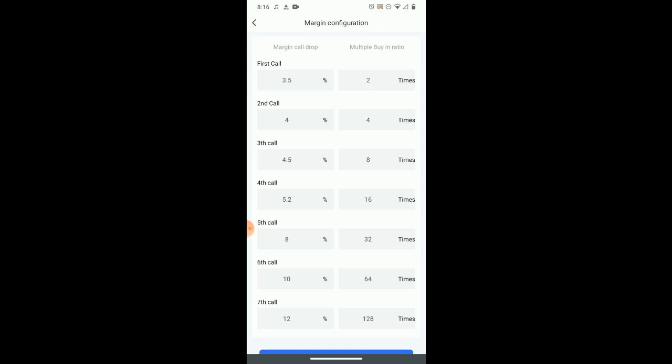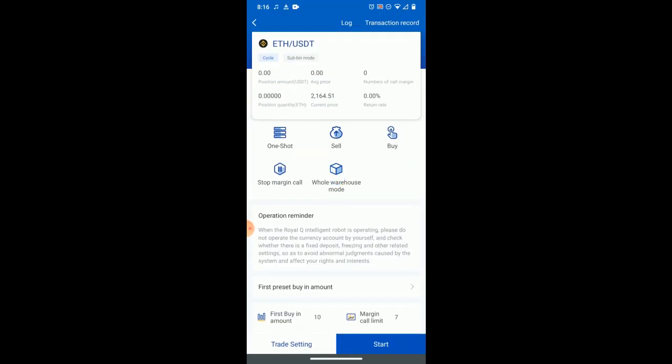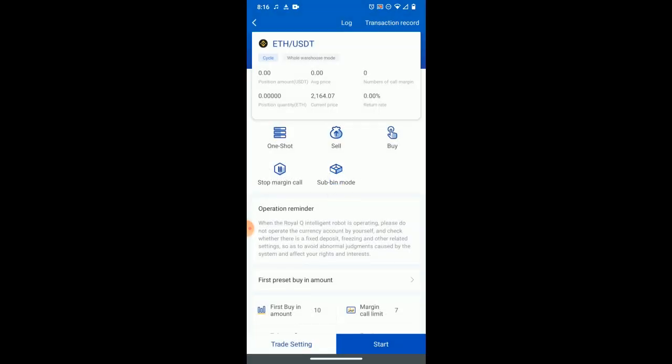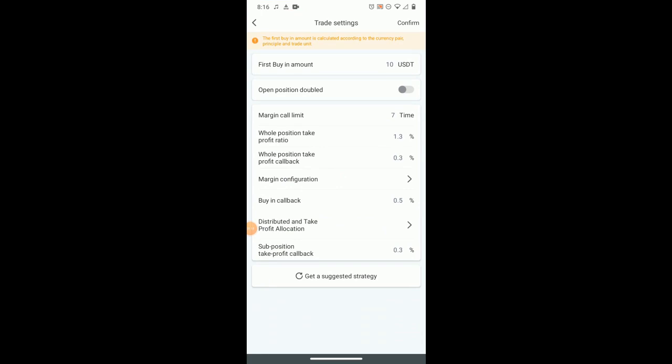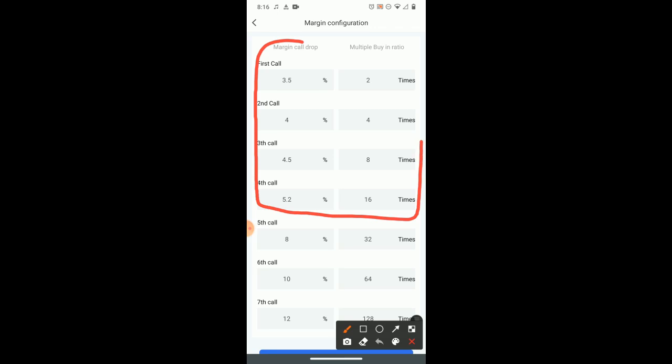But if you change this to sub-beam mode, it is going to only recognize the first 4 settings.